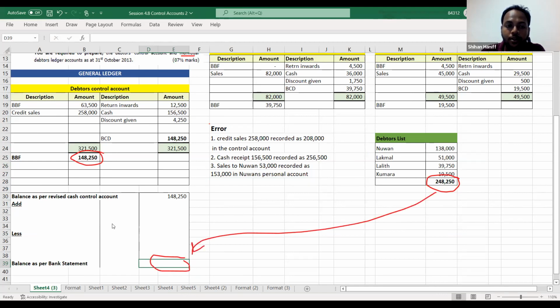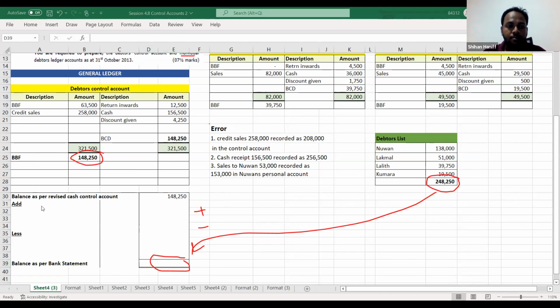Right? So what do you have to do to get the answer as 248? Do you need to add or deduct? Tell me that. Control account balance is 148,250. Debtors list balance is 248,250. So to get the balance as 248, what do you have to do? You should add. Correct.